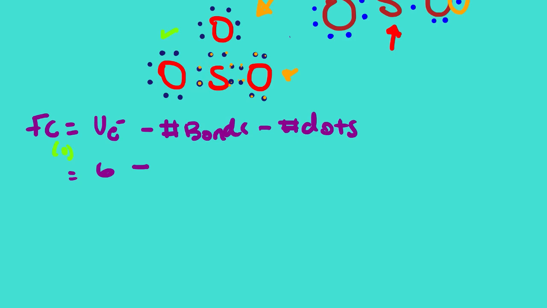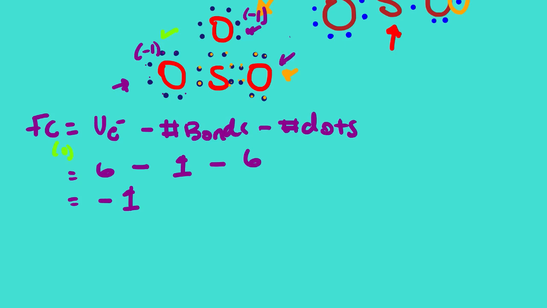We have only one bond. Minus how many dots do we have? We have 1, 2, 3, 4, 5, 6. So you can see that the formal charge here is -1. Since this oxygen is identical to this one, it's also going to have -1 as the formal charge.